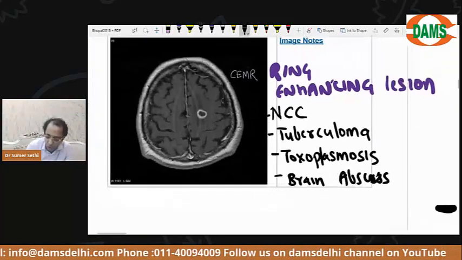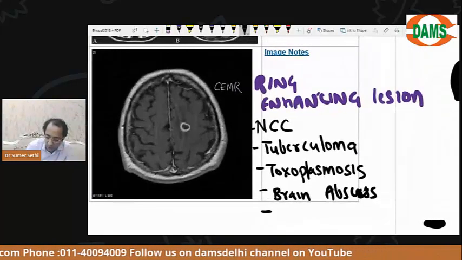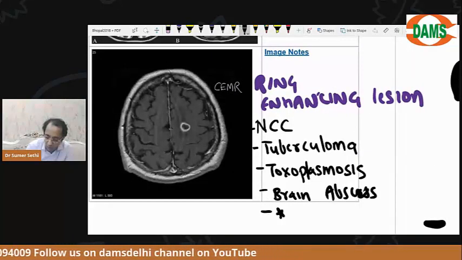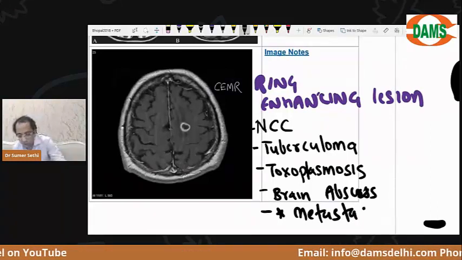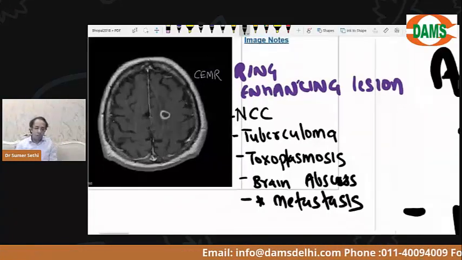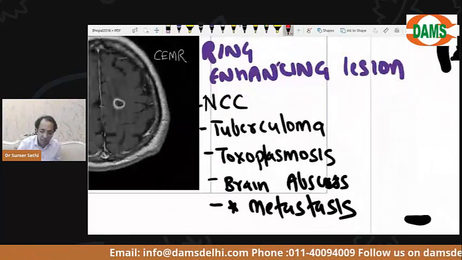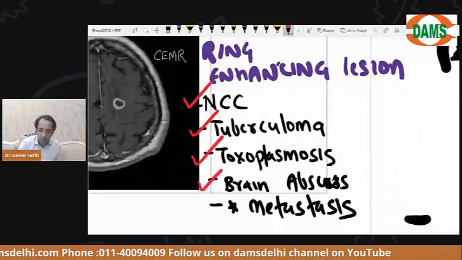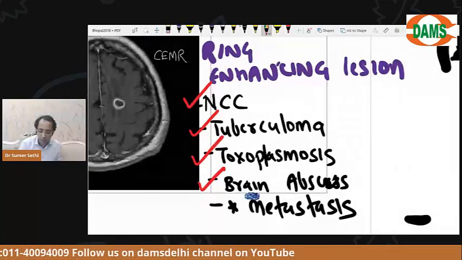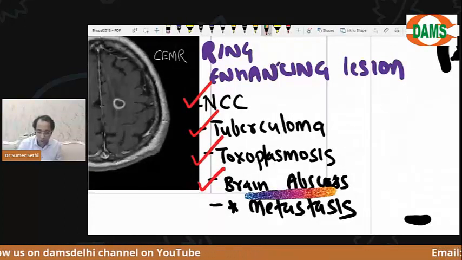NCC, tuberculoma, toxoplasma, abscess. But mind you, even metastasis can look like this. So not every ring lesion will be infective. Usually it is infective: NCC, tubercular, toxoplasma, brain abscess. But sometimes metastasis also looks like this.